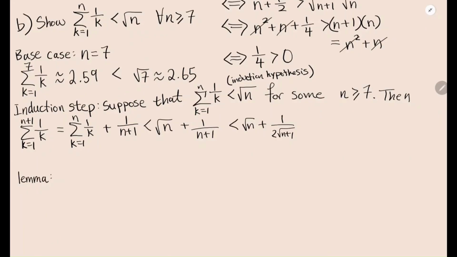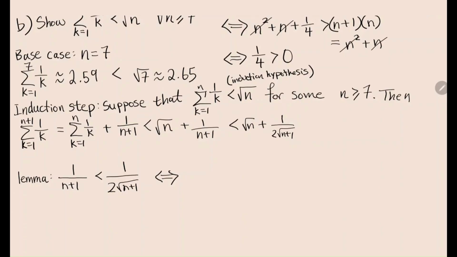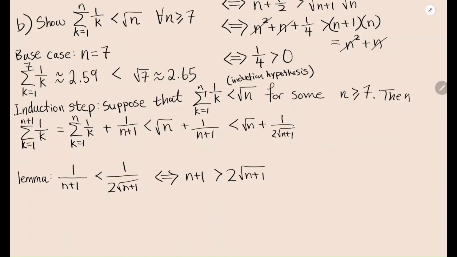So 1 over n plus 1, I claim that this is going to be less than 1 over 2 square root of n plus 1. This is true if and only if I can reciprocate both sides and I get n plus 1 is going to be greater than, because you flip the inequality when you reciprocate, 2 square root n plus 1.